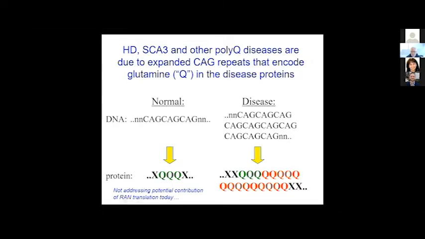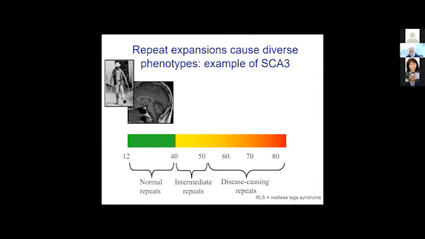In this case, it would make polyserine, polyleucine, but in fact, I'll be focusing on the polyglutamine. My bias is that you don't necessarily need to invoke RAN translation peptide products in order to understand the disease process. Is there RAN translation in Huntington's disease? Clearly, and I think there probably will be data to show that it's a contributor to various CAG repeat diseases. But we'll focus here more on the disease protein itself.